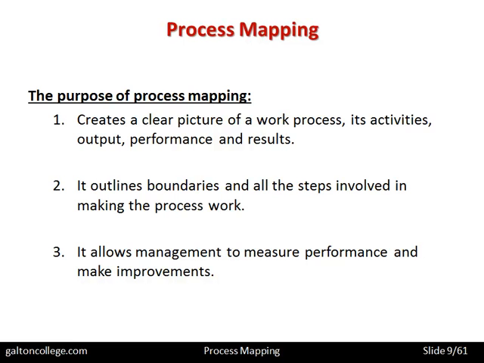So in a sense this is management critically looking at the metrics involved with the process, trying to get measurements of how effective the process is, how many items are produced per hour. Could that be improved if there was a reorganization in some way, or perhaps the staff were differently deployed or were given extra training? So it's the management looking critically at the process to see what improvements can be made.